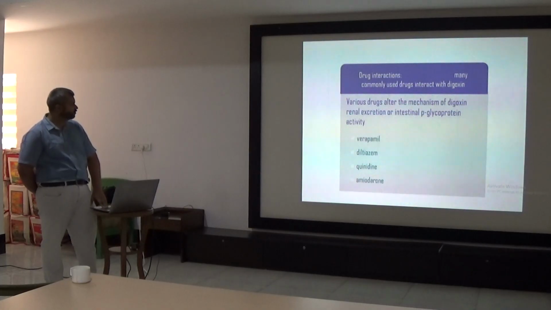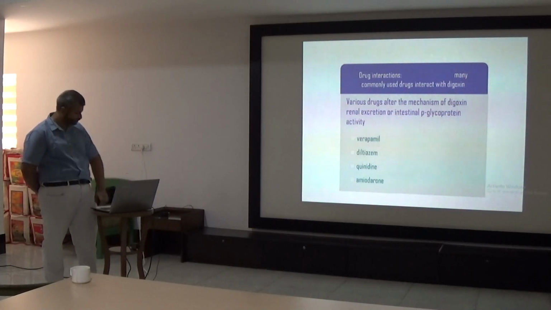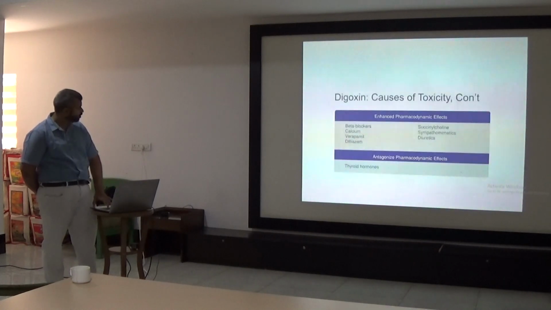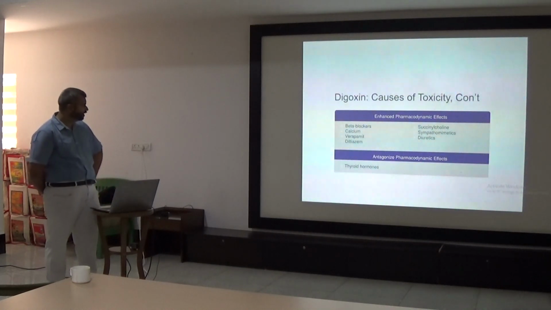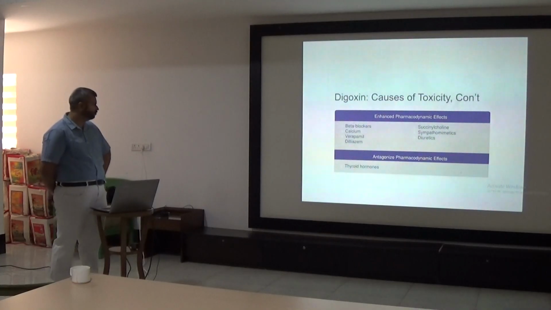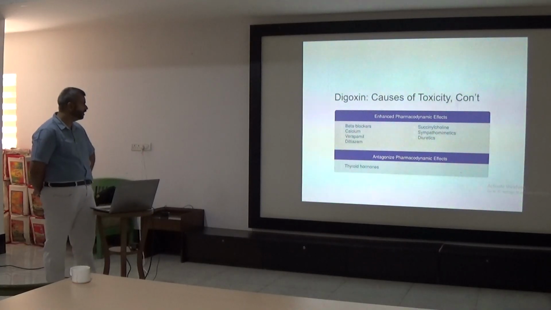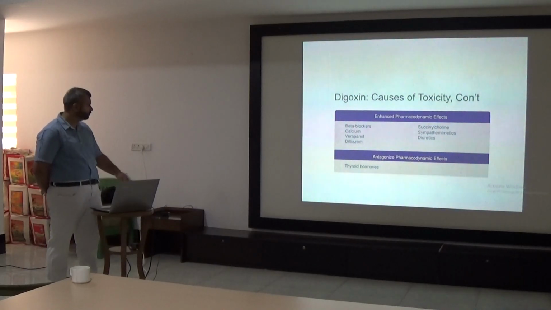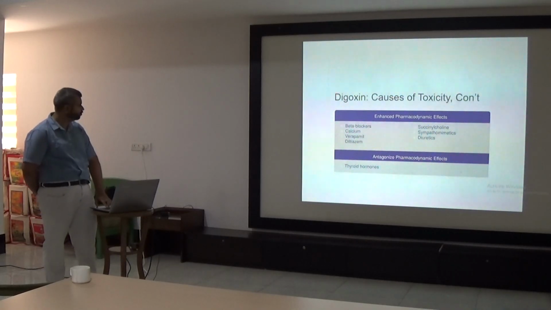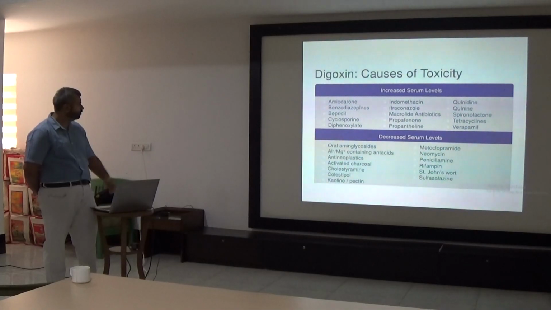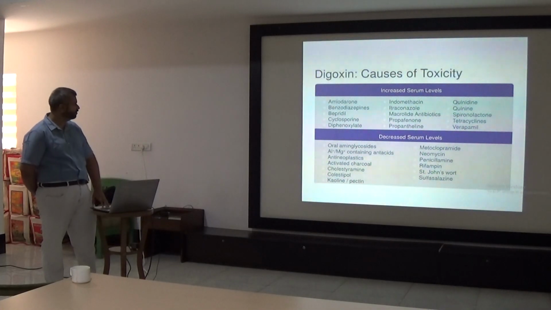There are certain drugs that decrease the renal excretion of digoxin. Then there are drugs that have effects similar to digoxin, or mimetics, and that makes the toxicity effect more pronounced. These are some of the drugs that cause increase and decrease in digoxin level.